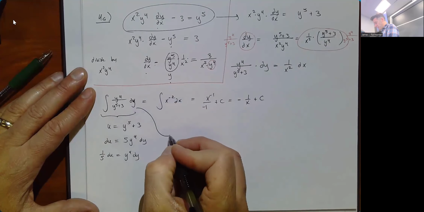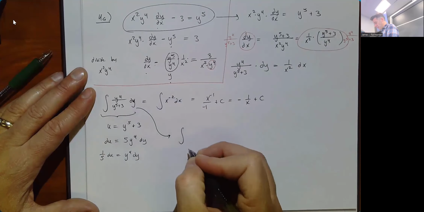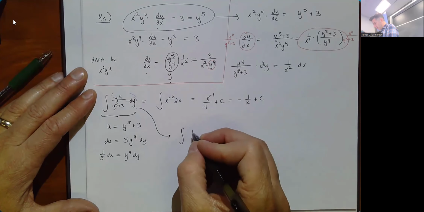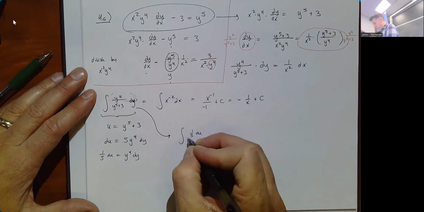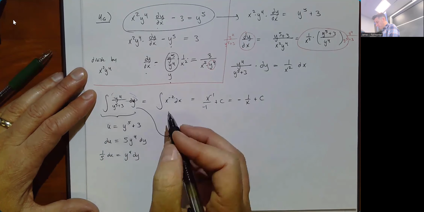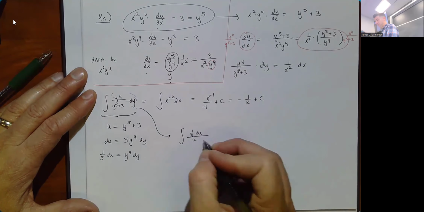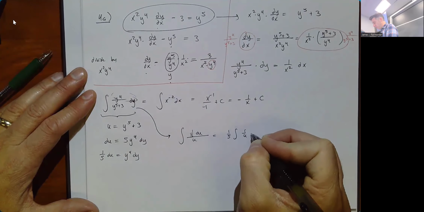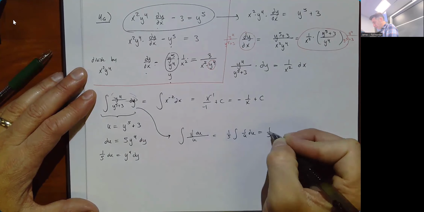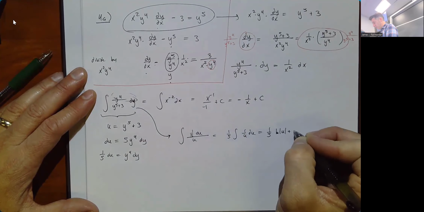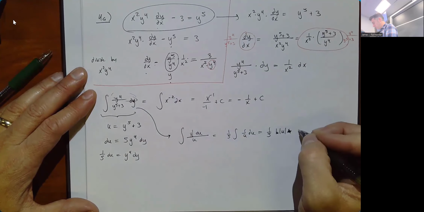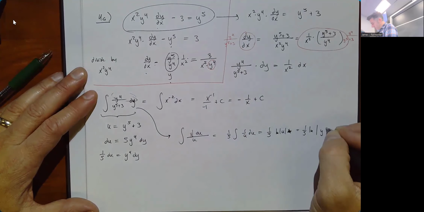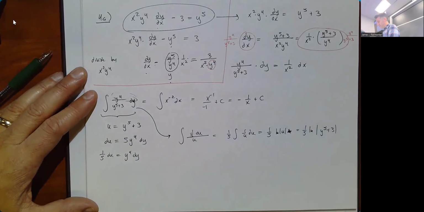So we can rewrite this as the integral of 1/5 du over u, since y to the 5th plus 3 is just my u. I would rewrite this as 1/5 integral of 1 over u du, which is 1/5 natural log of the absolute value of u, I don't need the plus c here, which is 1/5 natural log of the absolute value of y to the 5th plus 3.